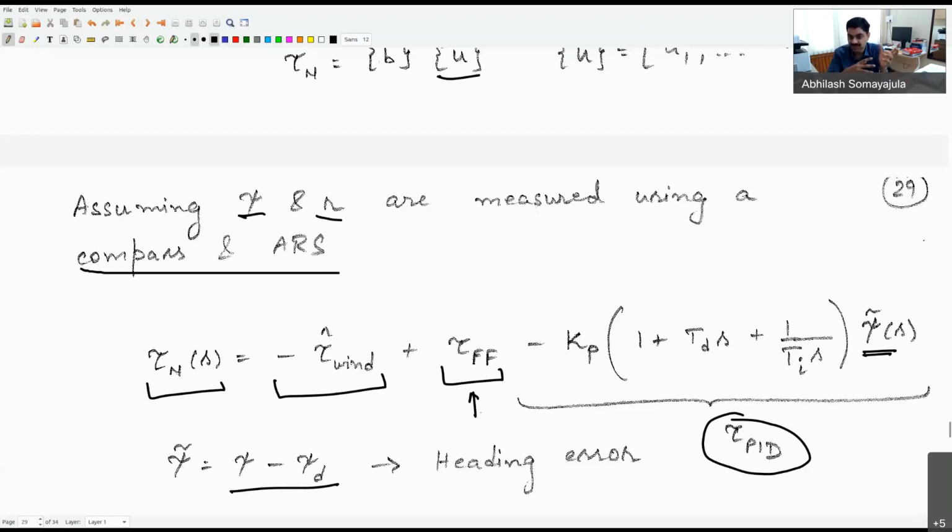Rather than using a third order filter, I can feed that guidance system a desired heading angle from my LOS guidance scheme. And that is what we'll look at next. We have looked at these components individually. We are trying to put them all together in one place and see how they would work.